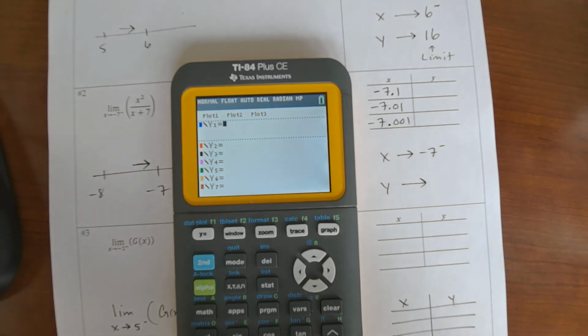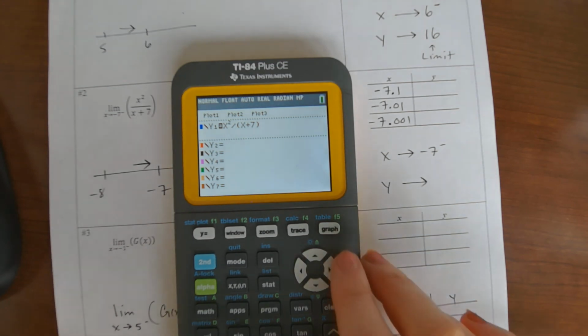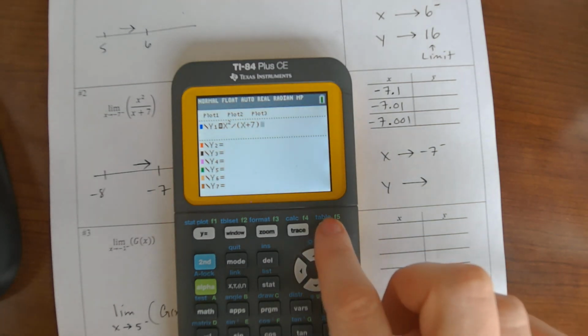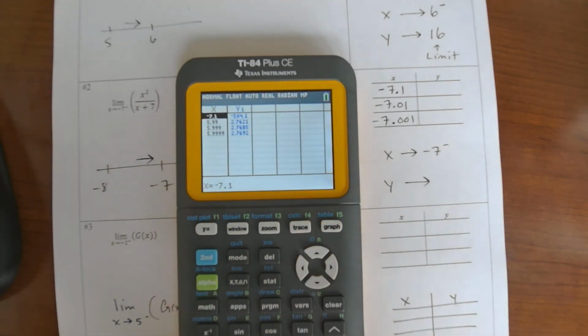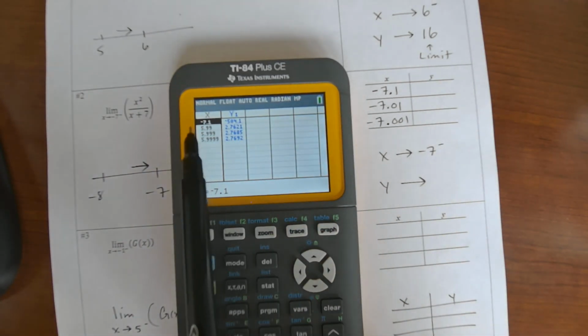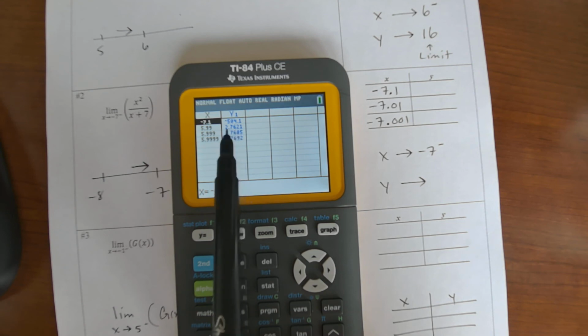So instead I'm going to type x squared divided by x plus 7, and that should give me decimals. Yes, it did. Okay, so we got negative 7.1.